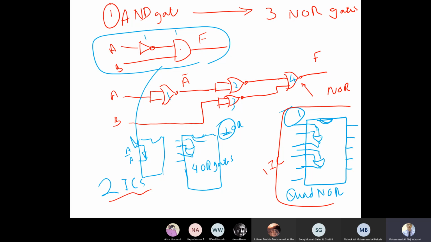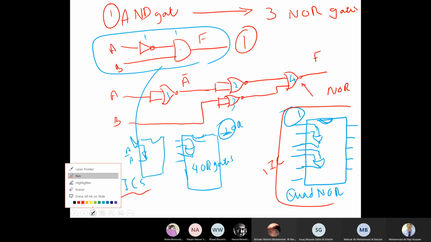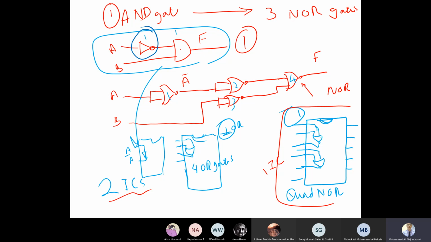According to what I'm discussing now, the best design uses fewer gates. Now, this has only one gate. By the way, from now on, I will not consider the inverter as a gate, okay? So I'll consider only this. This is only one gate, while here I have 1, 2, 3, 4. 4. Now, which design is better?